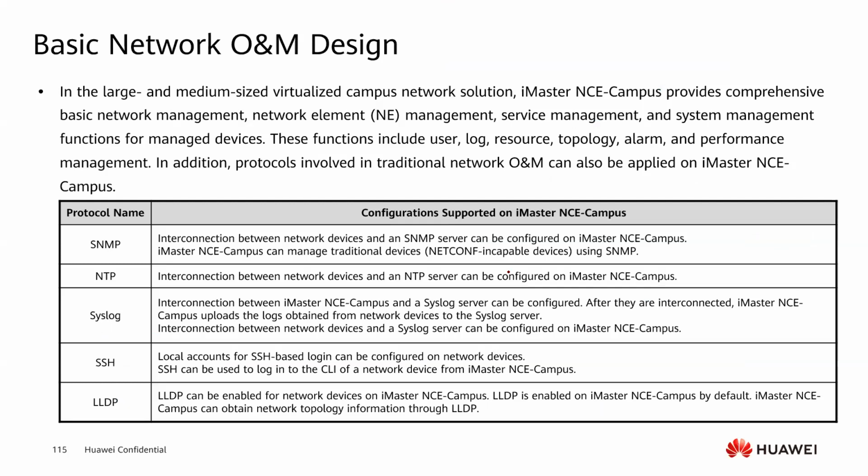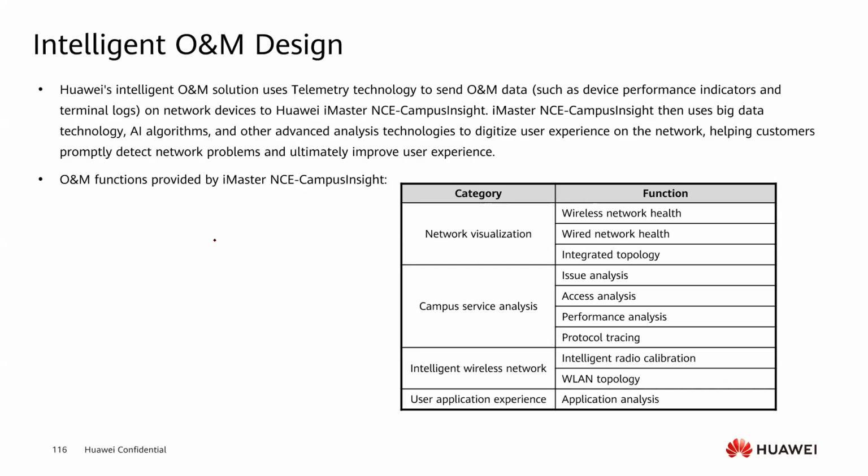For the basic network operation and maintenance design, you can just use the controller to handle SNMP, NTP, syslog, SSH, and LLDP. The controller supports all of these protocols, and it also brings new functions such as intelligent operation and maintenance, all based on the analyzer, the Campus Insight.